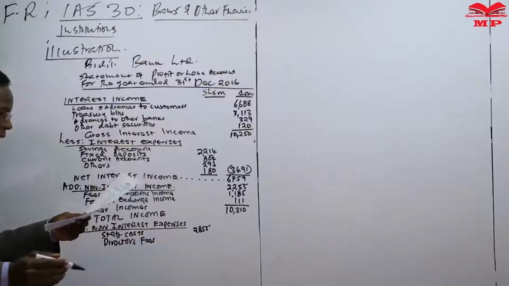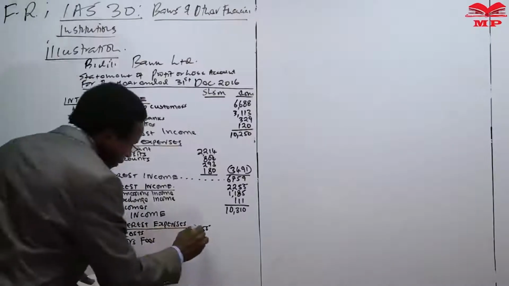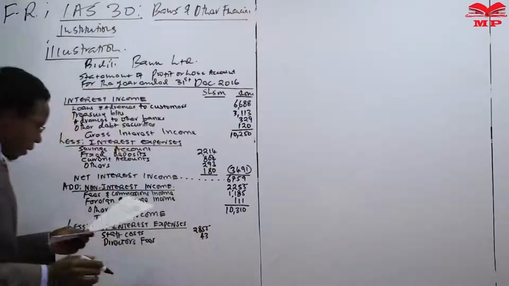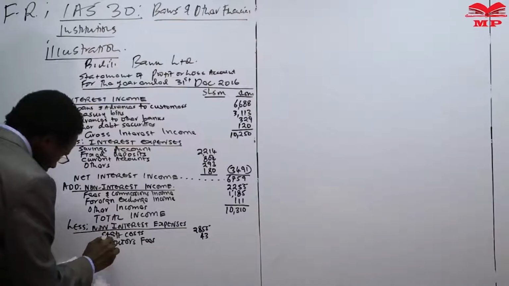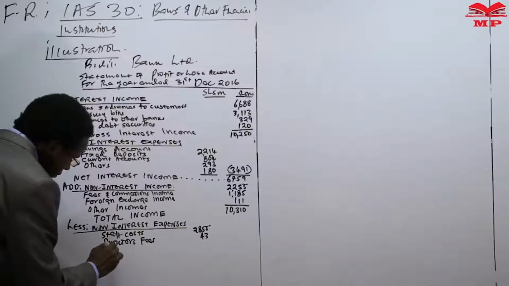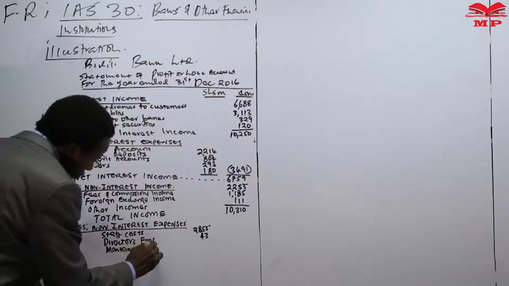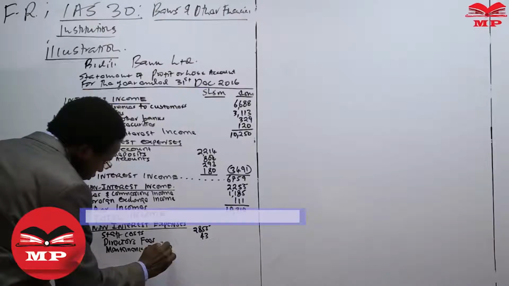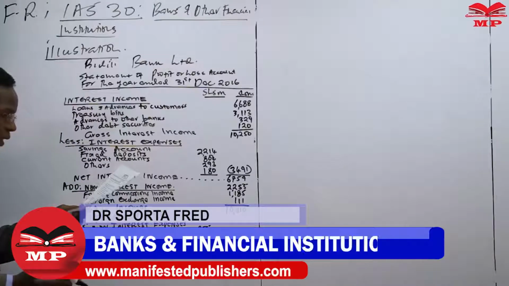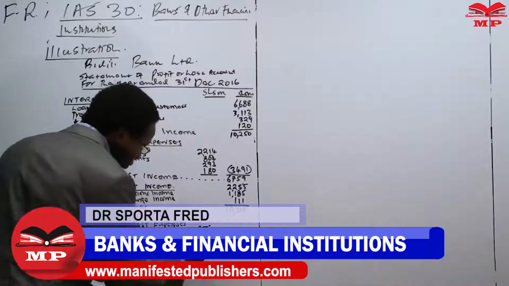Those are admin expenses. It's 43. We have maintenance of equipment, we have it as 604.